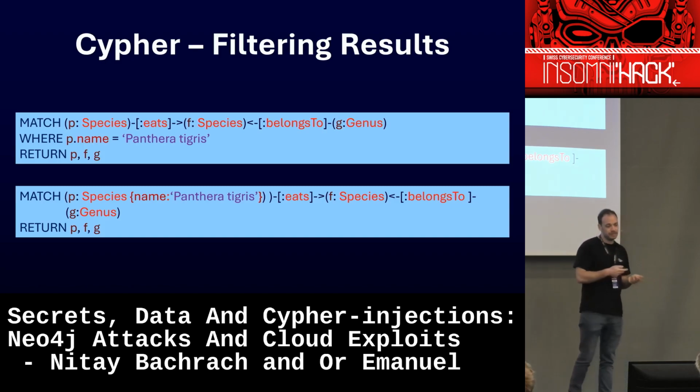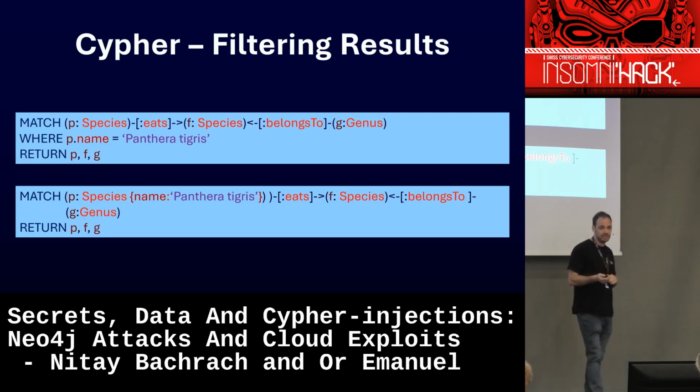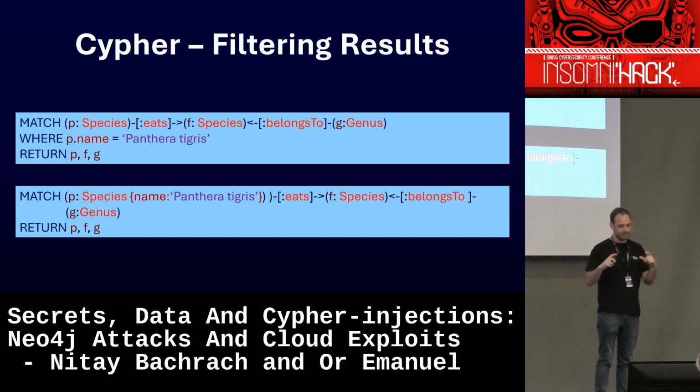So like in SQL, we have where. This is very, very similar. We can also do things like OR and call functions. But we can also do it directly in the match clause, which is sort of like the equivalent of select. And I can just tell it to only retrieve nodes or relationships that meet the specific criteria.